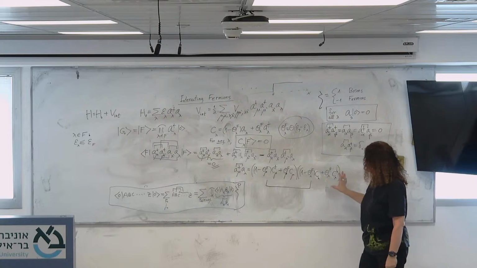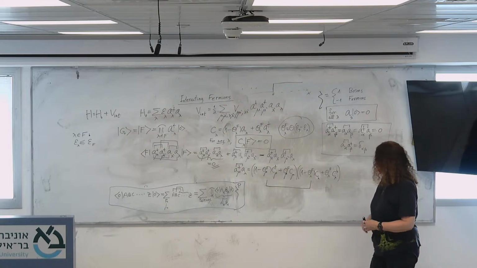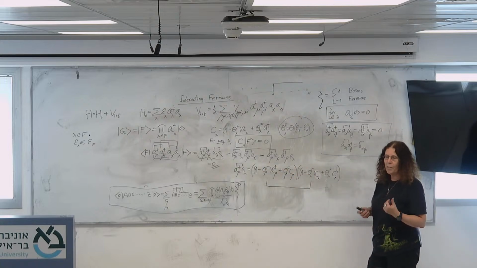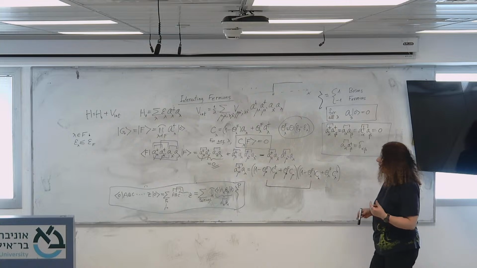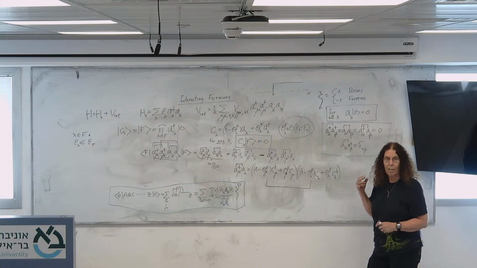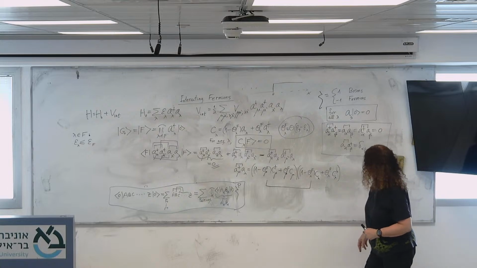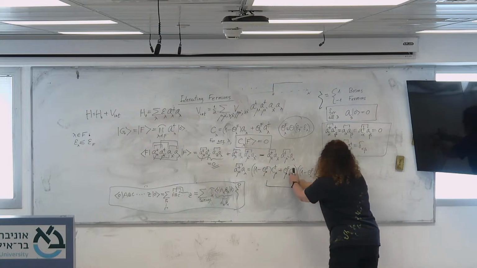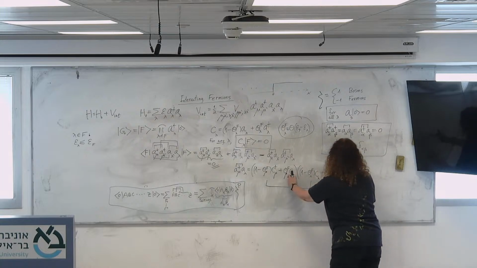And now, once I do it, I'm in business because in terms of the C's, there is, once again, only one combination that doesn't vanish. What is it? It's the one that has C here and C dagger here.